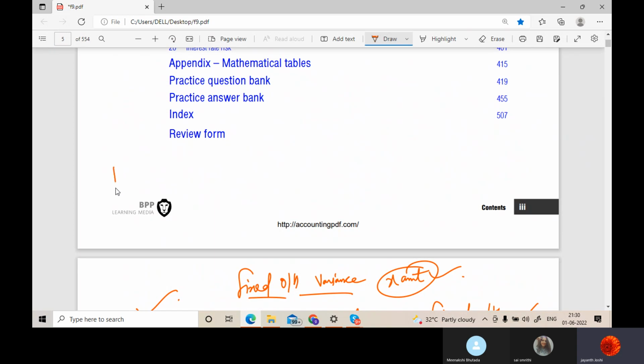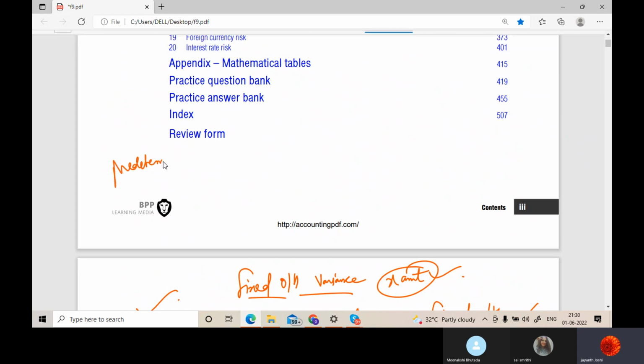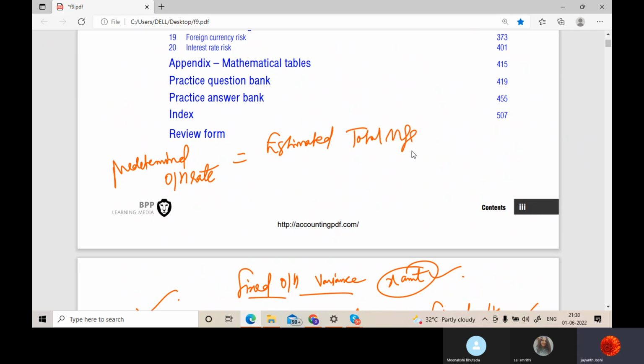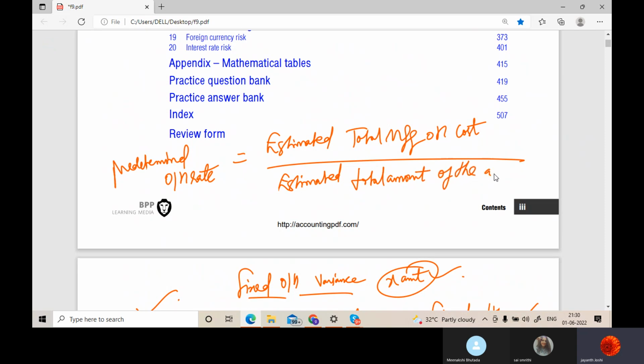So I'm writing predetermined overhead rate is equal to estimated total manufacturing overhead cost divided by estimated total amount of the allocation base.